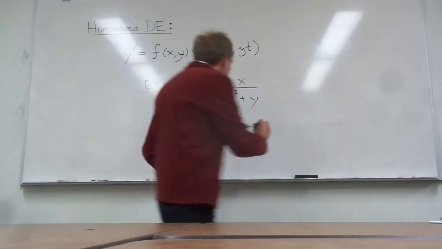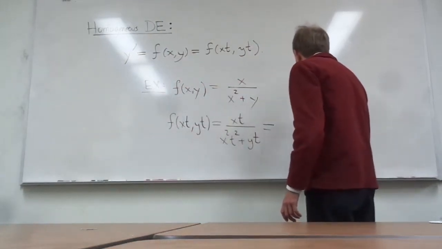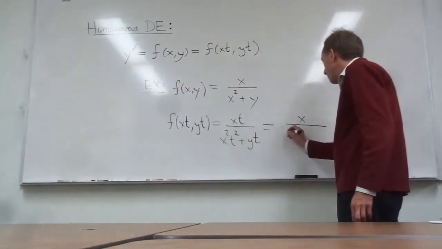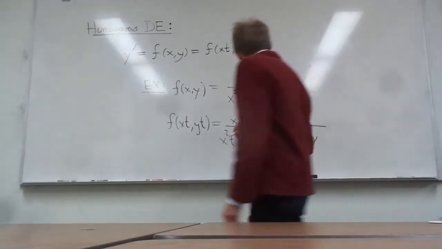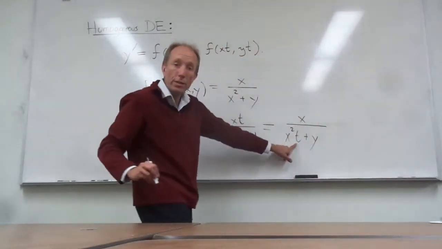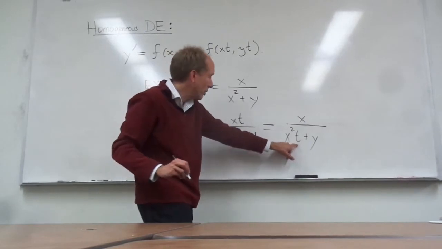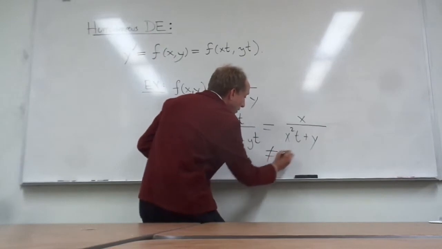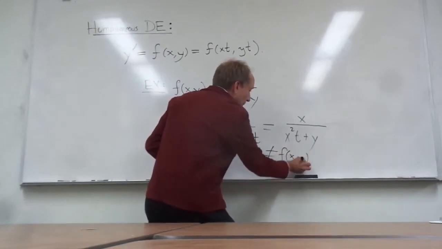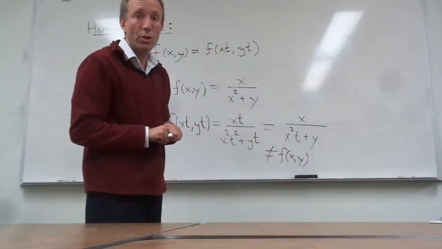And what you'll notice is that while you can factor and cancel one of the factors of t from the top and the bottom, you cannot get rid of all of the t's here. There's still an extra t because this is t squared right here. So this is not f of x and y. This one would not be homogeneous.